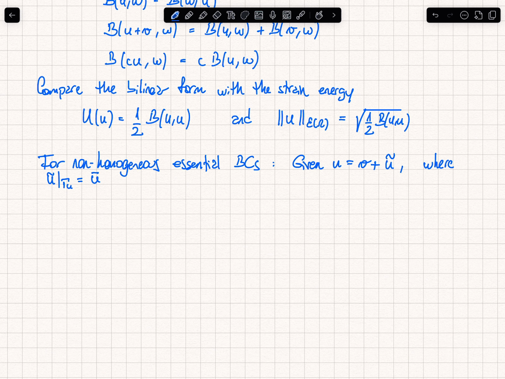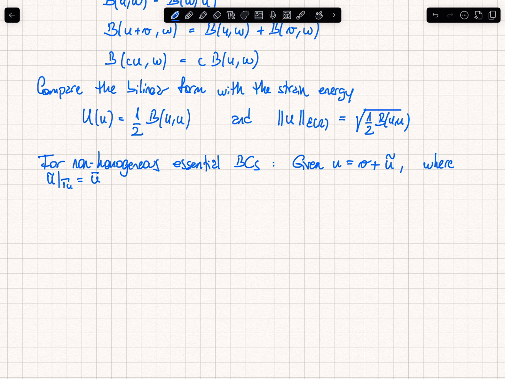In the end, since this is something that I know, and it prescribes the Dirichlet boundary condition, I am left with a part of the function that I don't know. And this function is going to belong to the same space as the test function. So this v, which is the unknown part of the solution, and the test functions belong to the same space. That's the trick we do.